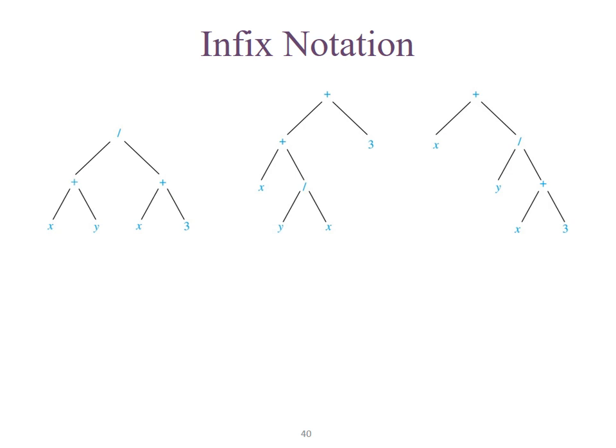And then we have y divided by x, so we have / y x, and then x plus, and then + 3. Okay, so this one is good. And the last one, we have + x 3 and / y and + x. Okay, so this is very good.